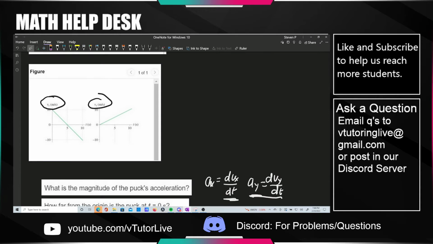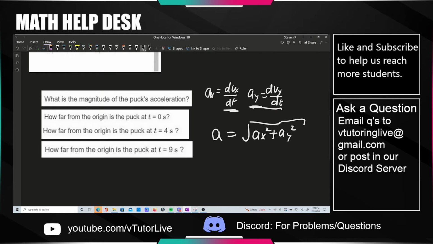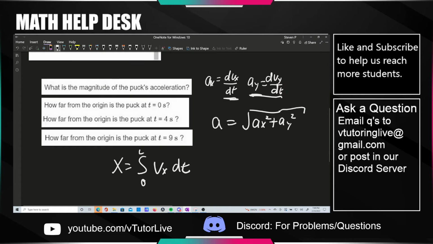And to answer that, you should be able to figure that out just by taking a look at the area under the graph. So what makes this just a little bit more complicated is, let me put it this way. The position x is going to be equal to the integral of vx dt from 0 to, let's say, 4 seconds or whatever time you want to find.